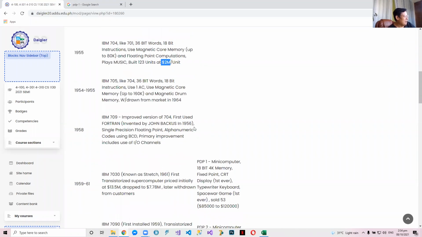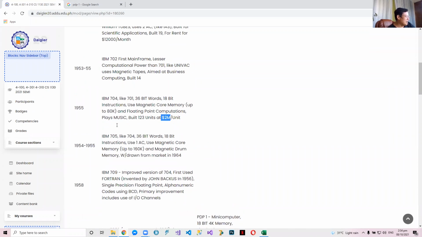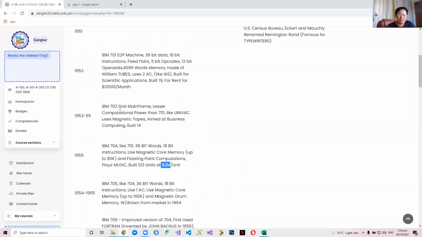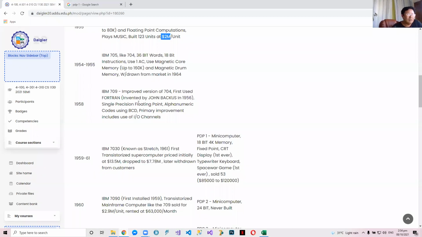No? But the successful version came in 1958, 709, IBM 709. These are the first generation computers built on vacuum tubes. No? Single precision, so floating point na ito, it's not fixed point. It is the first computer that uses characters ABCD.